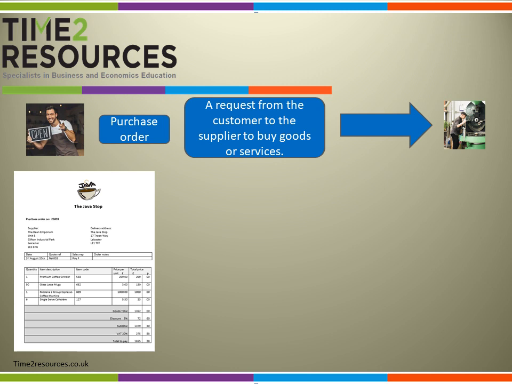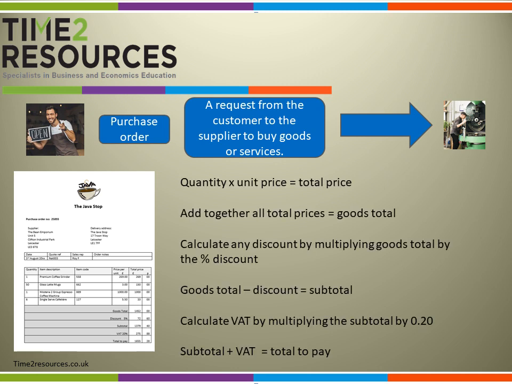In terms of the calculations, we calculate the total price by taking the quantity and multiplying it by the unit price. We add together all of the total prices to get the goods total. We calculate any discount by multiplying the goods total by the percentage discount that has been agreed or offered.